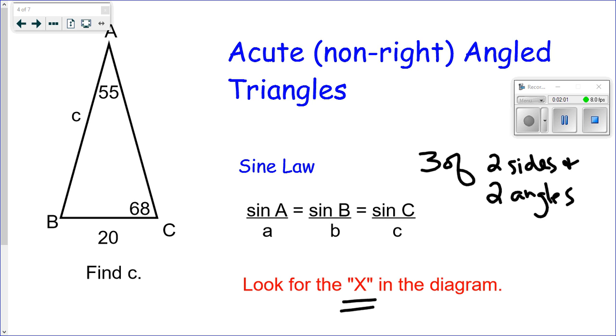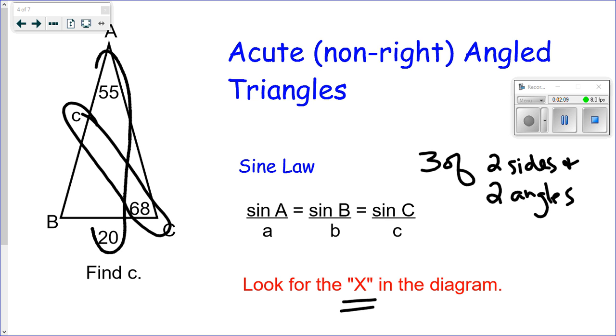Now, visually, because you know me, I'm a visual person, I like the X method. Do I have an X? I have one set of values, angle C with side C, and I have angle A with side A. And if I can match those values together, it looks like an X.